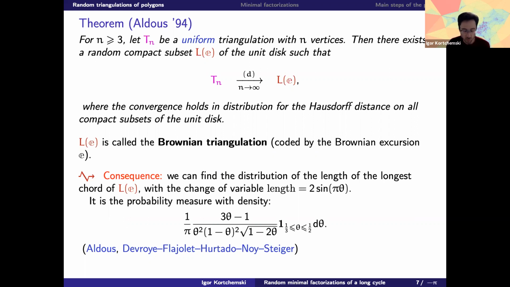So in one case, it was made by a computation in the continuous world. In the other case, it was obtained as a corollary of this convergence, and using the fact that the longest chord is a continuous functional for the Hausdorff distance. And this quantity will appear later when studying random minimal factorizations.